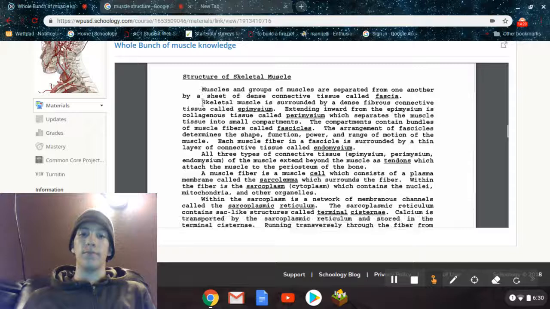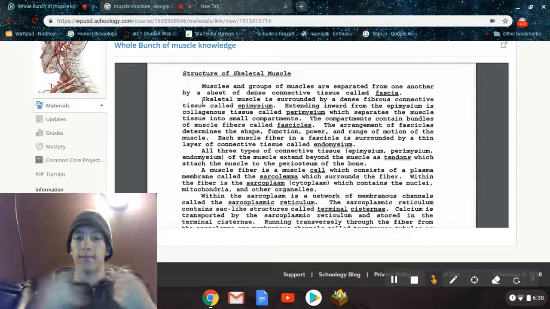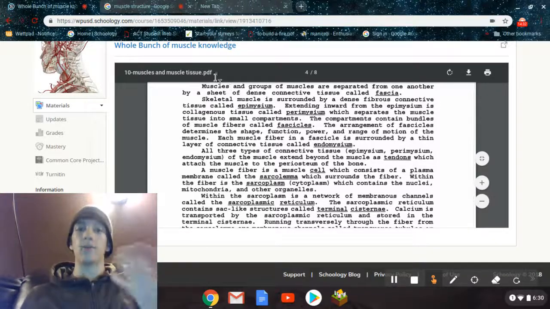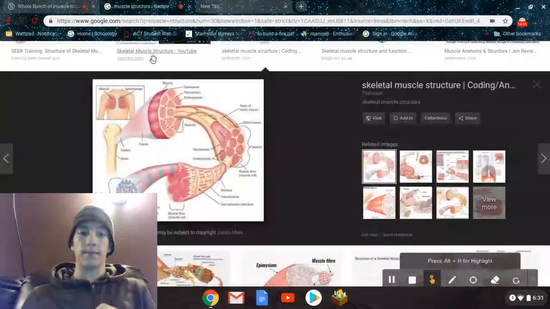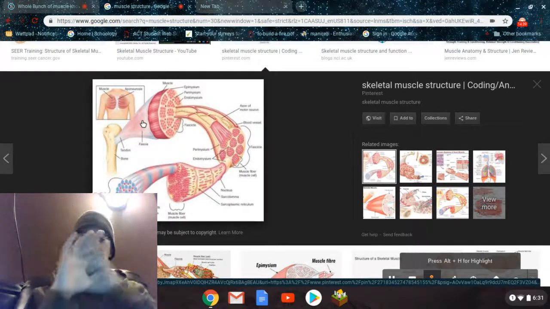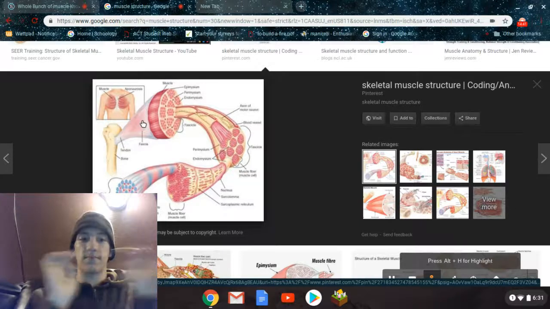So I'm going to read this and point out what it's talking about and explain it. Muscles and groups of muscles are separated from one another by a sheet of dense connective tissue called fascia. So fascia is this. Around any particular muscle, there's this wrap.